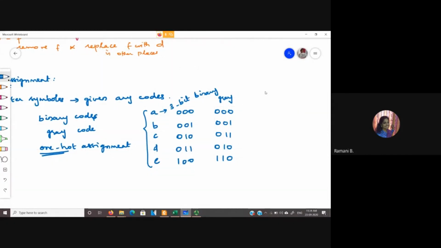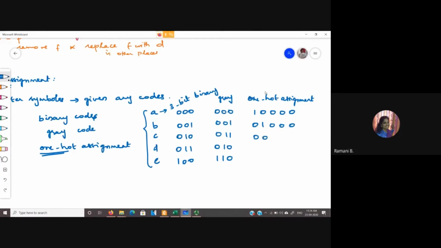And with one-hot assignment, what this implies is you use actually 5 bits. That is, for A, I will be defining this as 10000. For the second one, I use 01000.